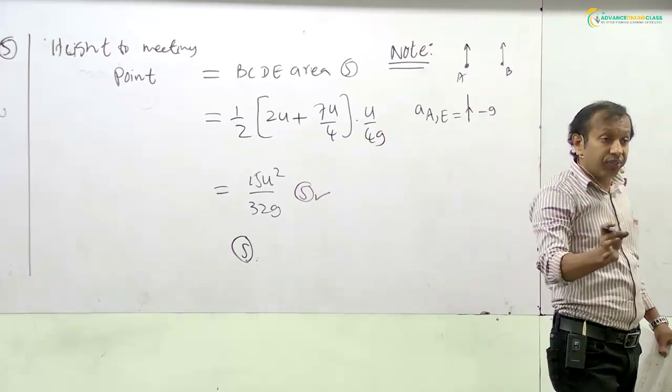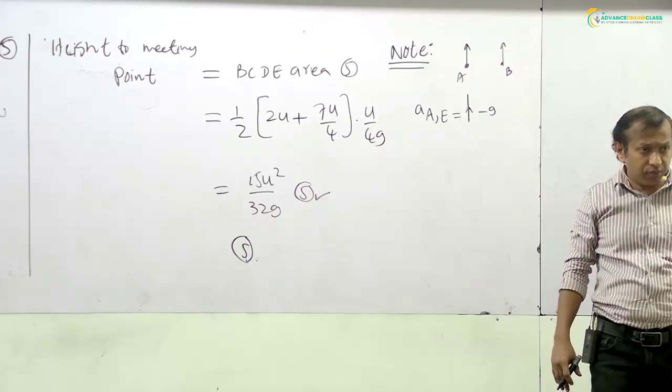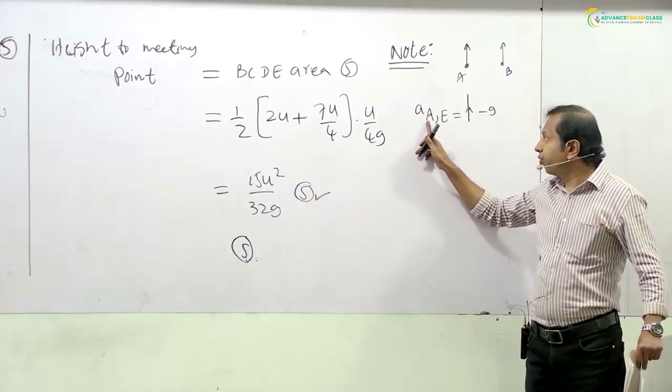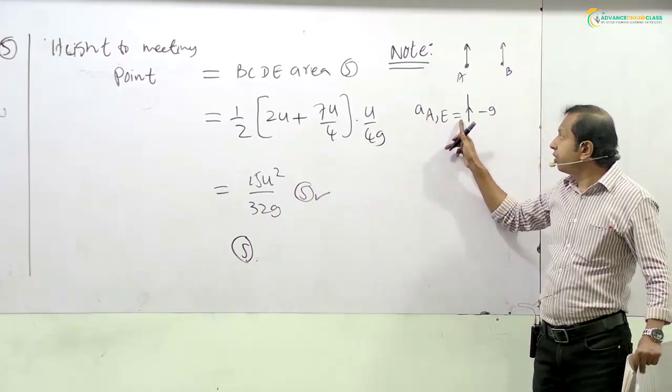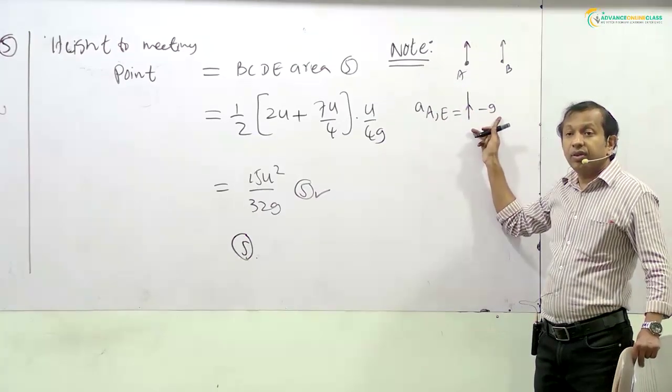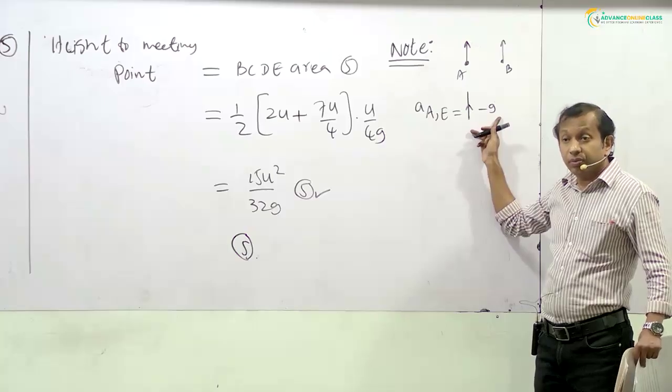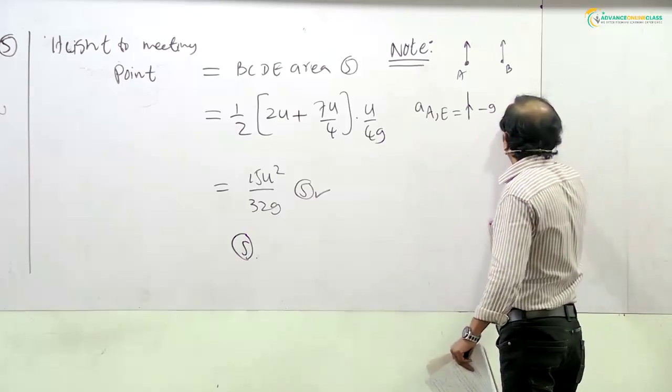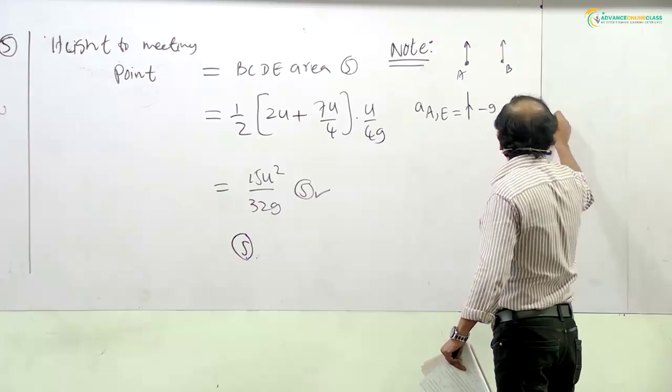Retardation means minus acceleration. So acceleration of A relative to Earth, direction upwards, is minus g. What is the acceleration of B relative to Earth?